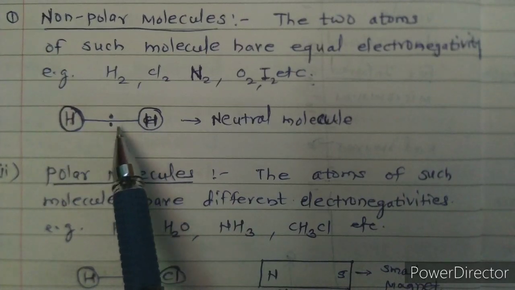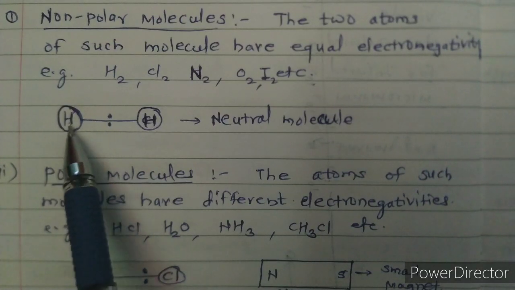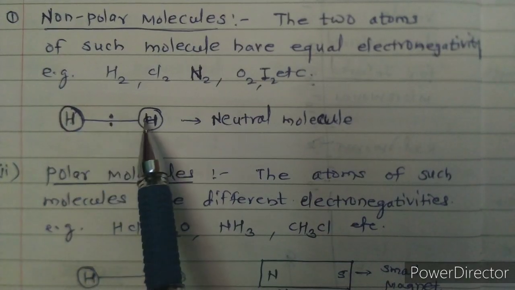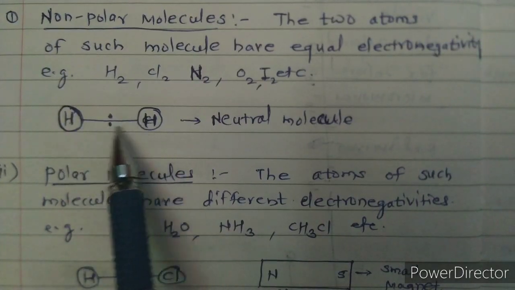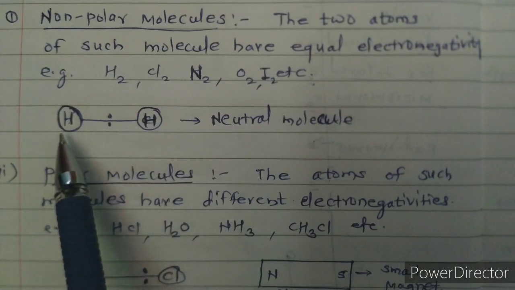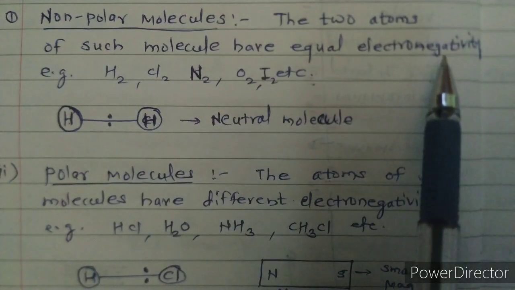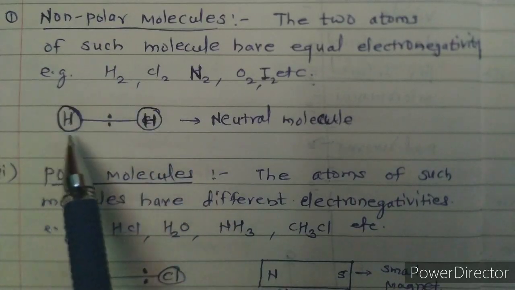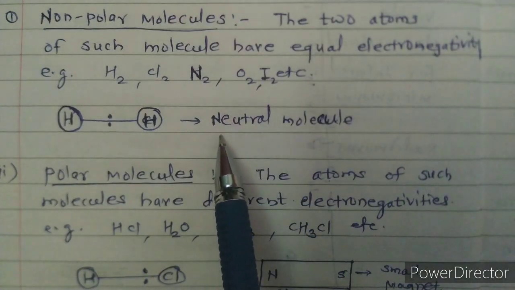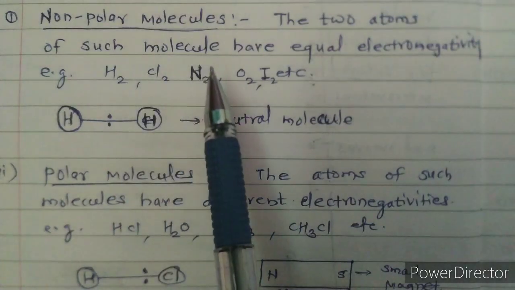So they have equal tendency to pull the electron towards itself, meaning this hydrogen pulls the electron towards itself and this one is also pulling the electron towards itself, but the tendency of both to pull the electron is equal. So we can say equal electronegativity, and hence the molecule as a whole is electrically neutral. So this molecule is neutral, and therefore it is called a non-polar molecule.